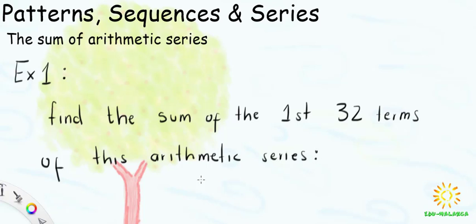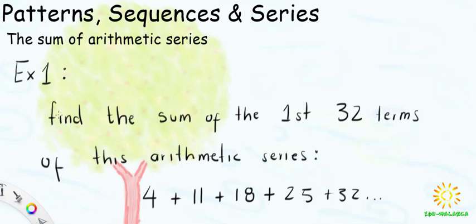And the arithmetic series goes like this: 4 plus 11 plus 18 plus 25 plus 32, and it keeps on going. So to solve this question, the first thing we're going to do is list all of the things that we've been given. Let's do this on the next page.